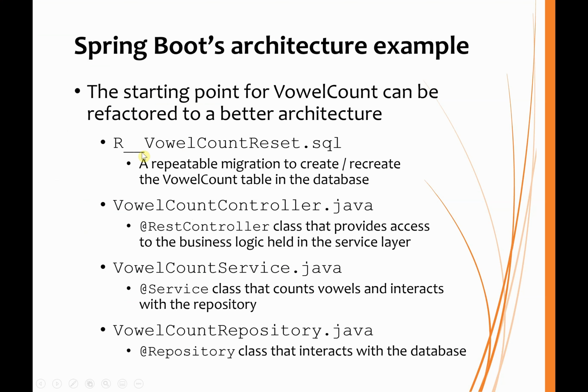And that's what we're going to do with the first part of the refactoring. We're going to set up a repeatable migration that will create and recreate the vowel count table in the database. We'll keep the REST controller, but we will rename it, and we'll introduce a service and a repository class that will count vowels in the service and that will interact with the database in the repository. Let's see how that's done.